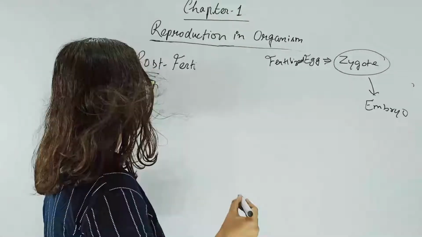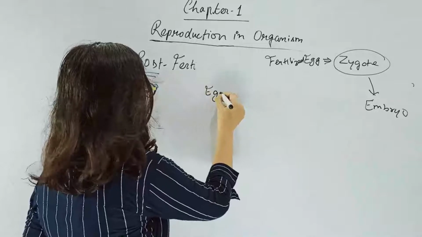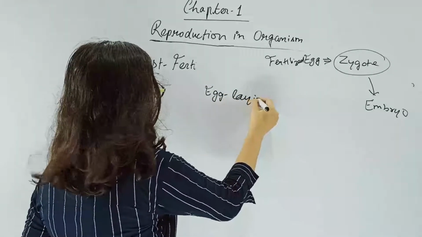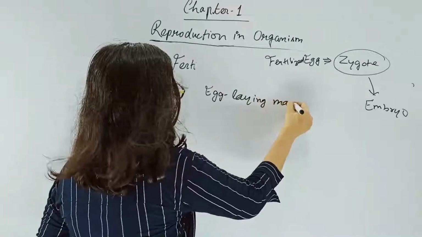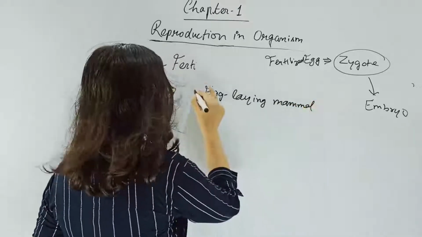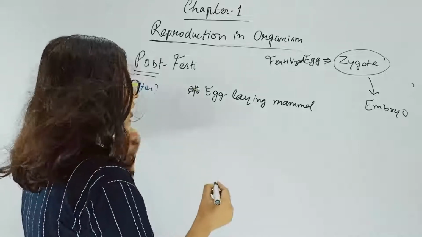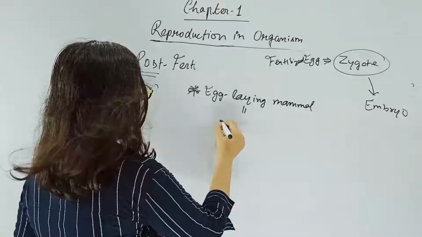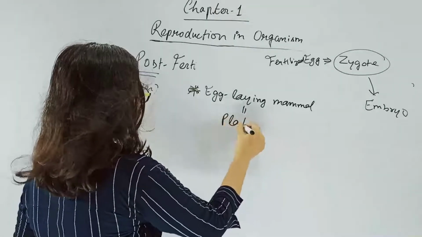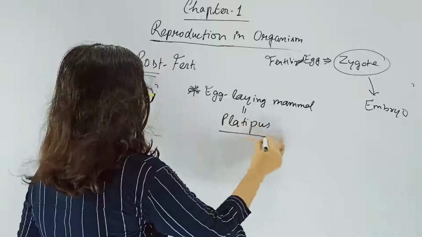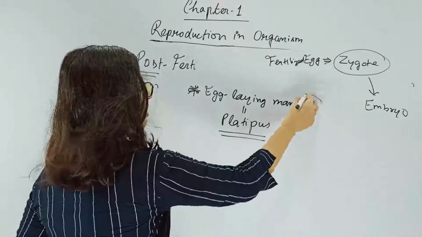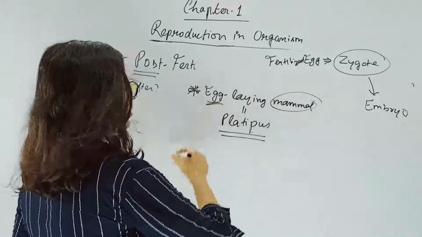Among egg-laying organisms, there is an egg-laying mammal. This example you have to remember for your NEET exam. The egg-laying mammal is the platypus. So there are certain mammals which are egg-laying.